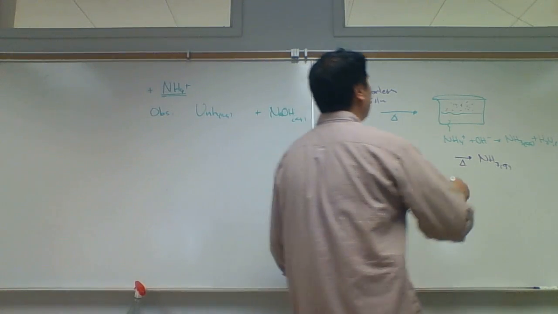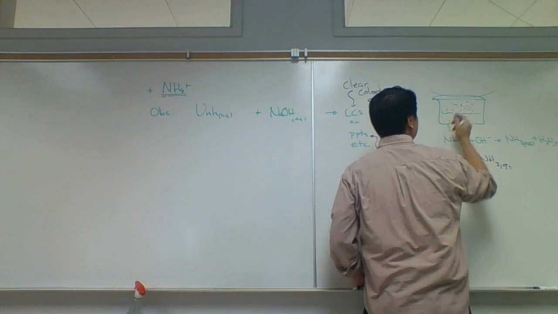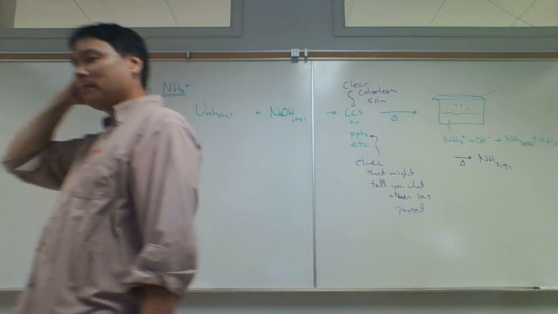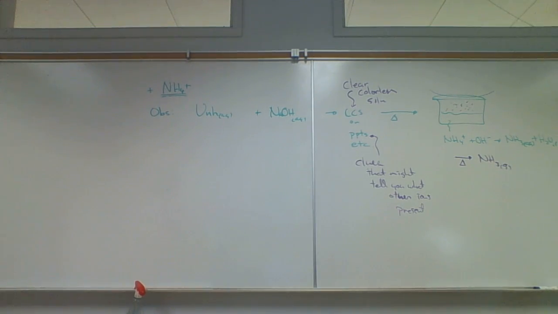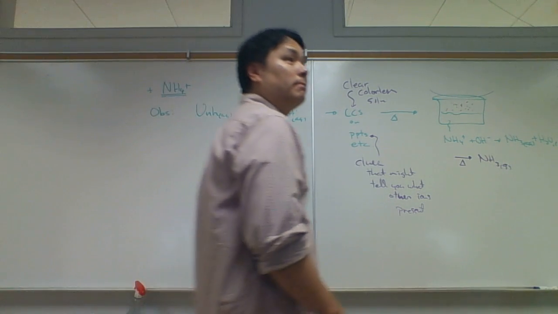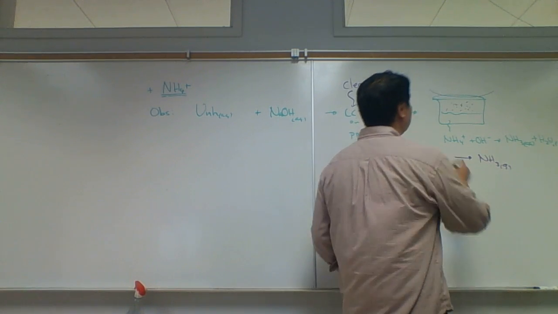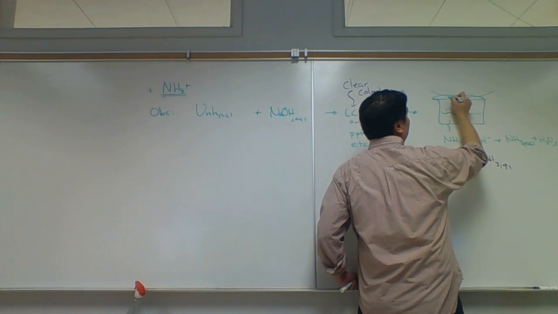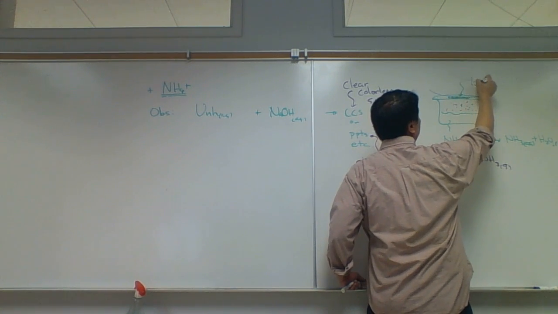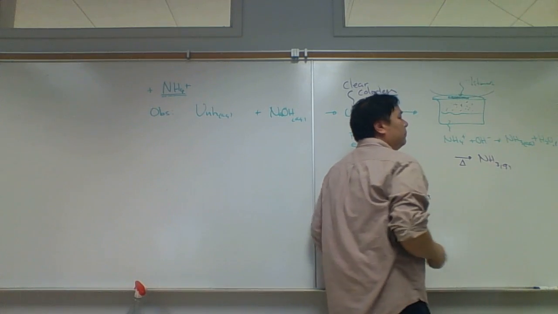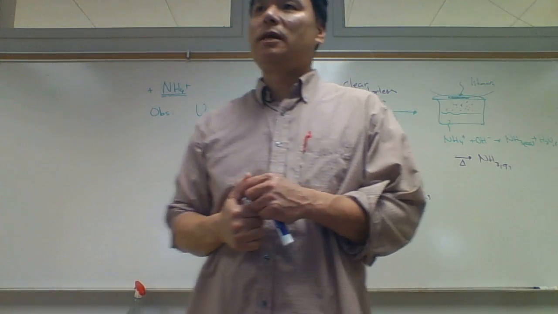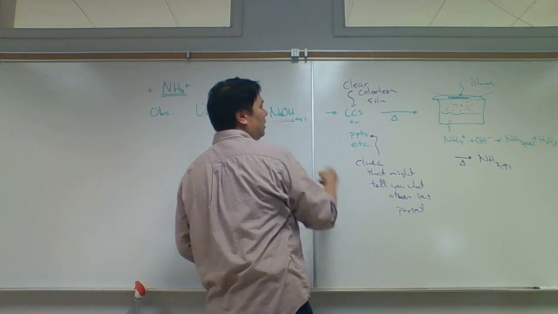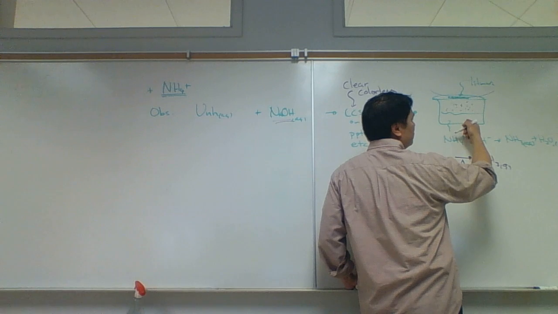We're going to just put a watch glass here, and then stick a piece of litmus paper on the underside of this watch glass. How do you get the litmus paper to adhere to the underside of a watch glass? Moisten it, exactly. But this litmus should only be exposed to the gas, because the solution has sodium hydroxide in it, so the solution is very basic.